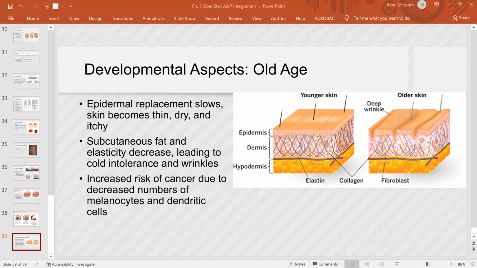And only fibroblasts really know how to put them in this perfect design, right? Now, when we get older, not only do we have a decreased number of fibroblasts, they also are not that active. And collagen and elastin break. As you see over here, they decrease elasticity and it forms a wrinkle in the older skin.